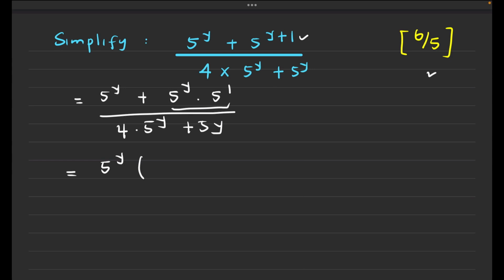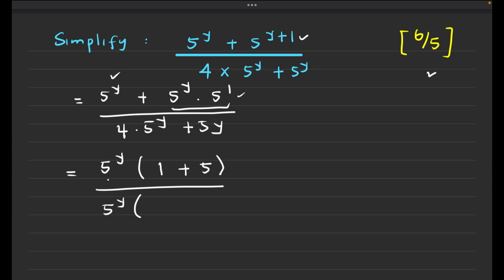When we're factoring something out, we are going to get the same thing when we multiply back. So this is 5 to the y multiplied by 1, then we're going to get this here, and then plus 5 to the y multiplied by what can give us this? It's going to be 5 to the y multiplied by 5. You guys see that? Divided by 5 to the y below here.